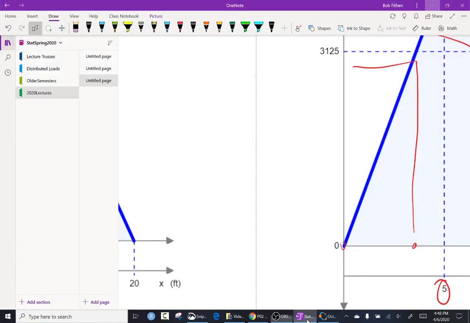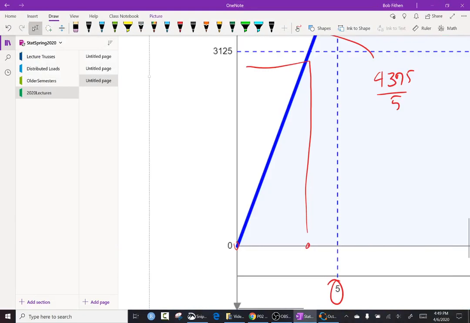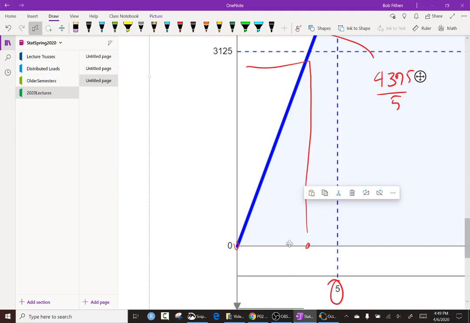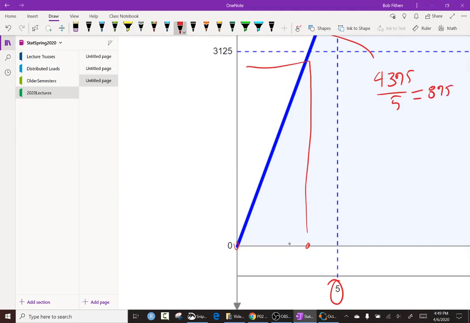Okay. Rise over run. 4375 divided by 5 gives me a slope of 875. Means that this is 875. So if I move out here to 4, then that would be 4 times 875. But wait a minute.